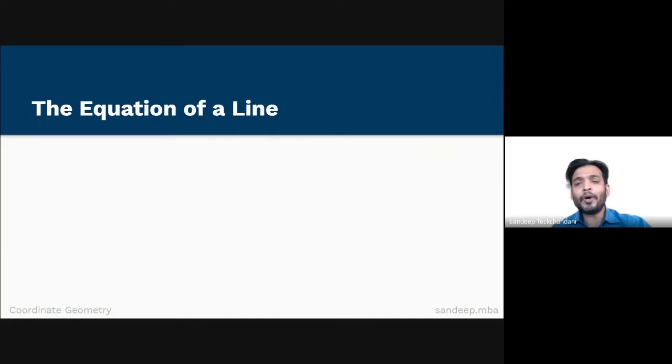Given any 2 points, (x1, y1) and (x2, y2) with x1 not equal to x2, the equation of the line passing through these points can be found by applying the definition of slope.